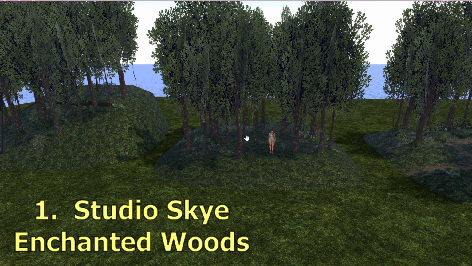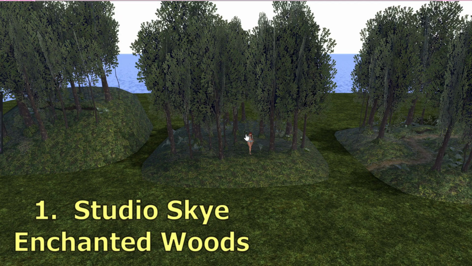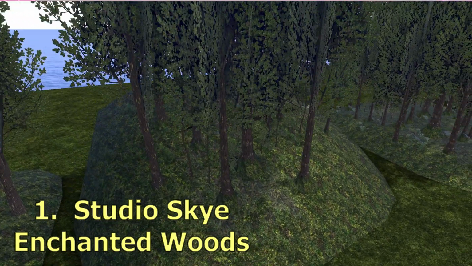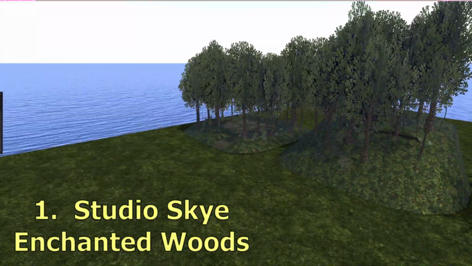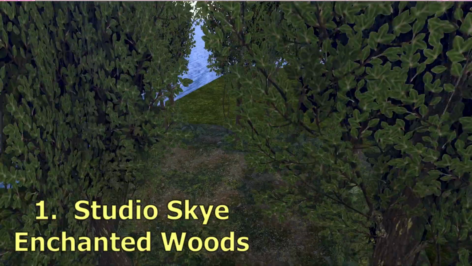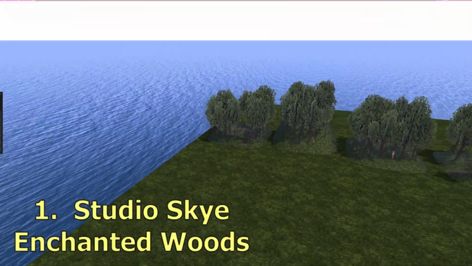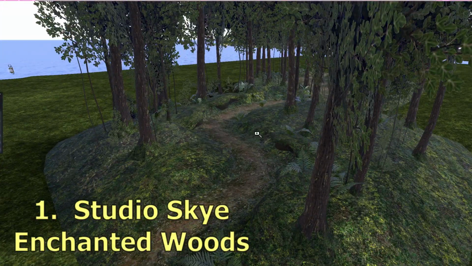I've had this probably for 3 or 4 years now, and I've used it in just about every build that I have created since then. There's all sorts of different shapes. They have a sloped shape, so you can create hills with them. They have the clearing here, but they also have pathways.